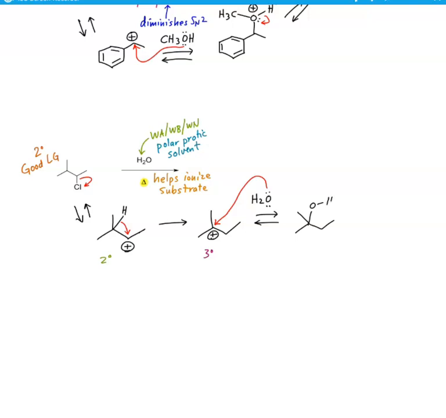And the rest of the mechanism is identical to what you've seen before in acid-catalyzed addition of water to an alkene. Water attacks, that generates this intermediate, which is then deprotonated by another water molecule to give you an alcohol as a product.